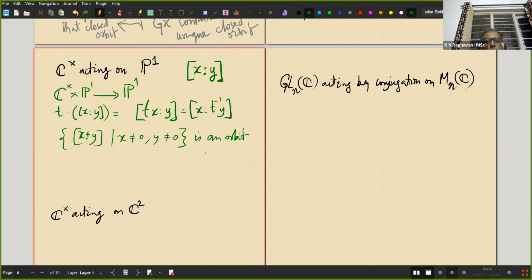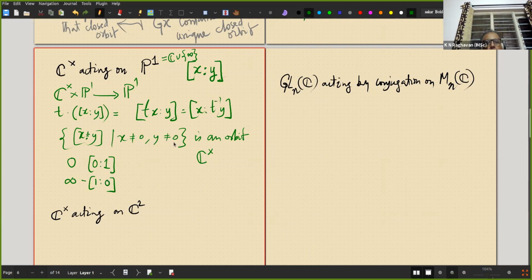It's kind of like C star itself. If you think of this as C union infinity, and C star is C take away 0, so the other thing is 0 and infinity. This is 0, 1, and this one is 1, 1, 0. So these are the three orbits.